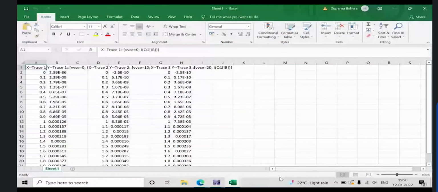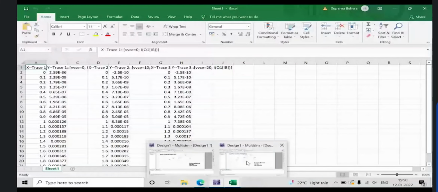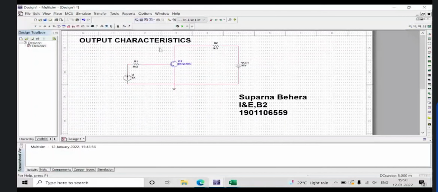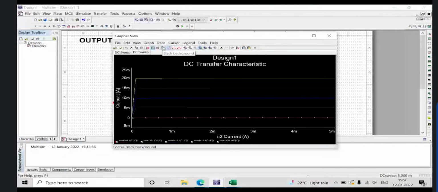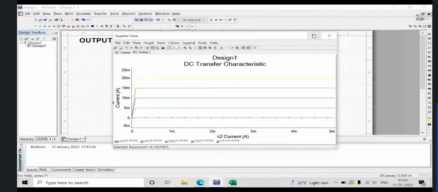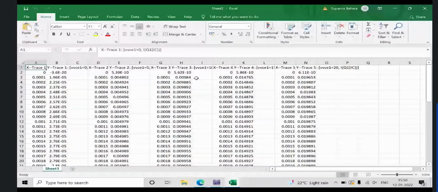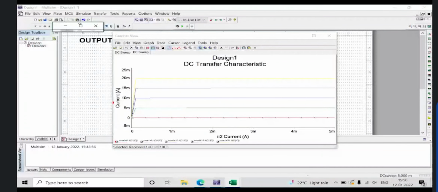So show the output characteristics. This one is the output characteristic. You can directly run this, no need of going to DC switch and then run it. Even I've downloaded the Excel sheet also. Rename the labels of this. Yes, ma'am, I'll do that.